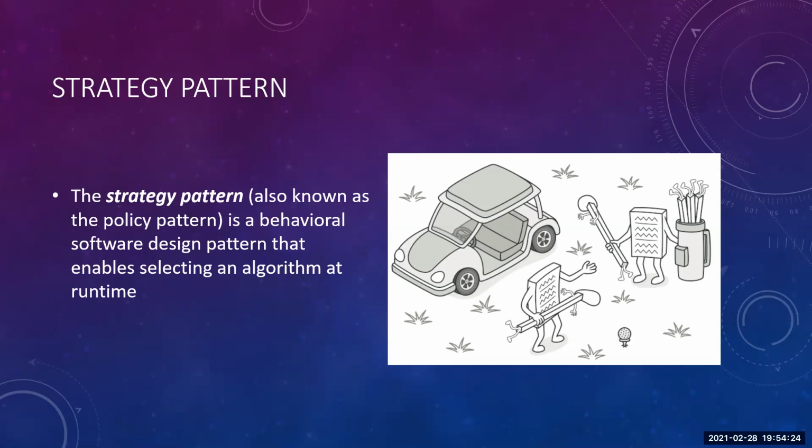An algorithm is nothing but a set of instructions given to solve any sort of problem. But usually you don't always have the privilege of selecting an algorithm at runtime. Basically it says you select an algorithm dynamically without any human intervention.